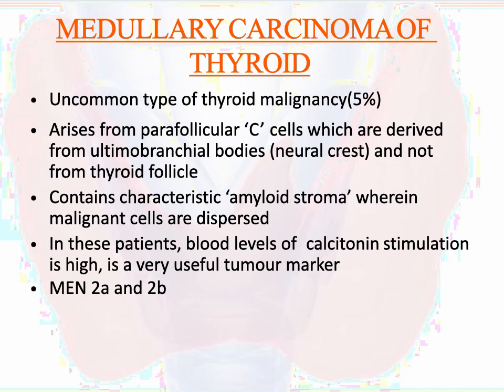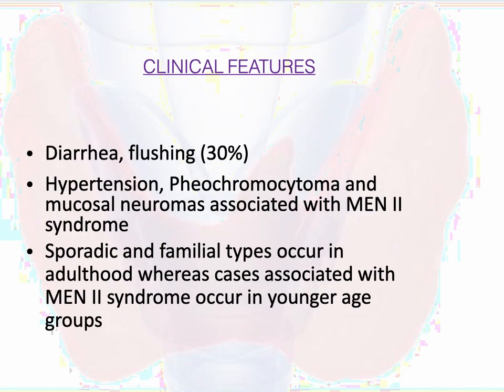It is also associated with other organs in MEN 2A and 2B, right? This is very important. MEN is multiple endocrine neoplasia, where different endocrine glands are involved. At this level you don't need to know this in detail, but you should know that it is associated.